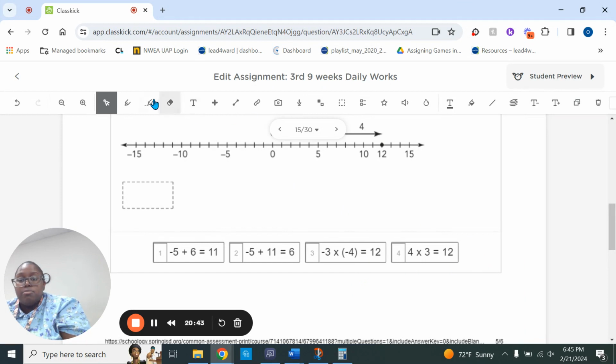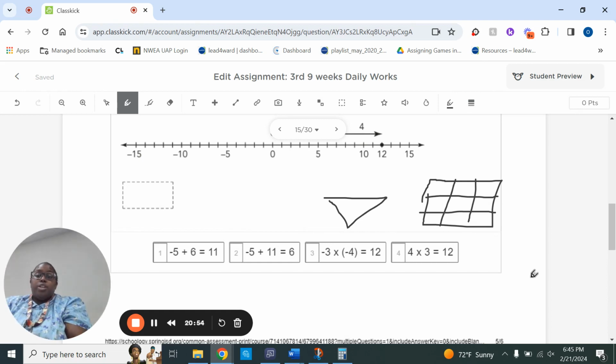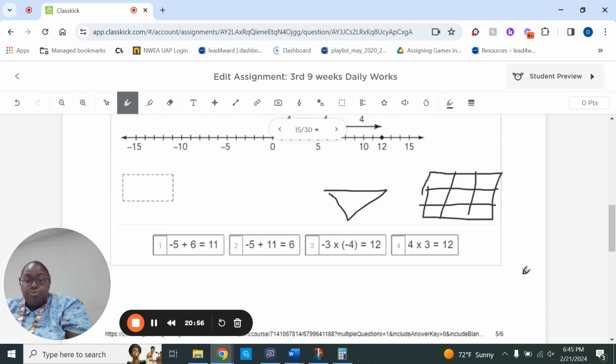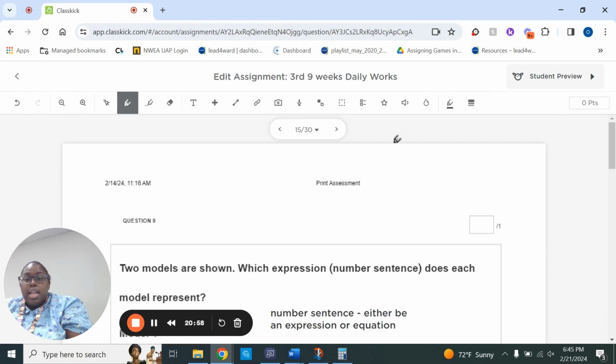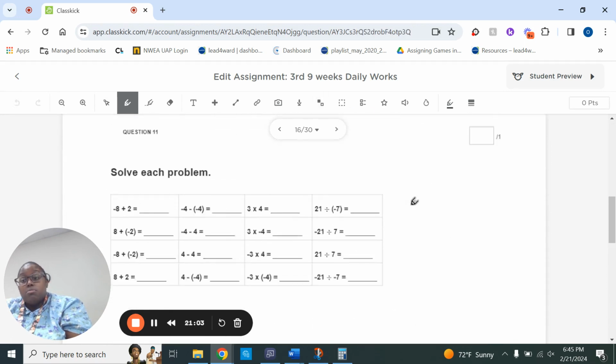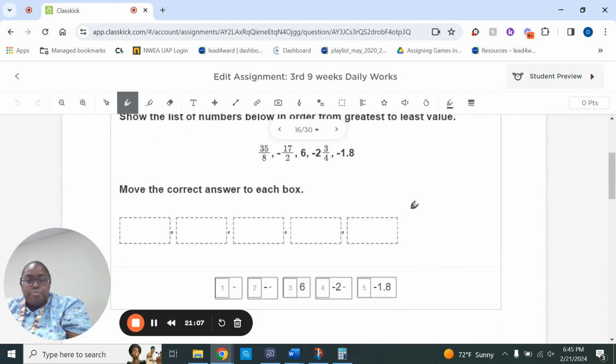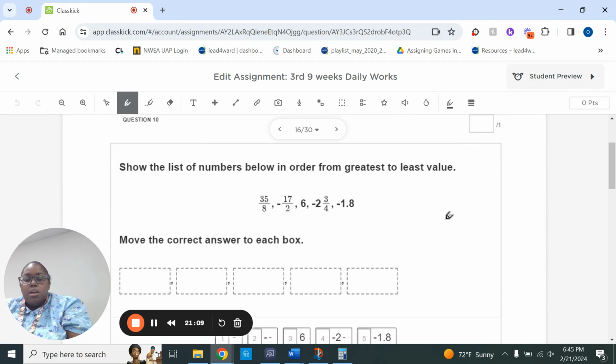Multiplication and division, you're either going to use the triangle or you're going to use the tic-tac-toe box. One of the two needs to be used, and it's for you to decide. Last but not least is question number, oh no, there's 11 questions. All right, so almost second to last, number 10. Read it and identify what you are looking for.